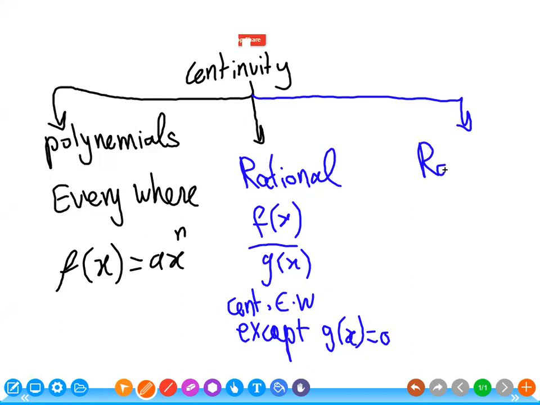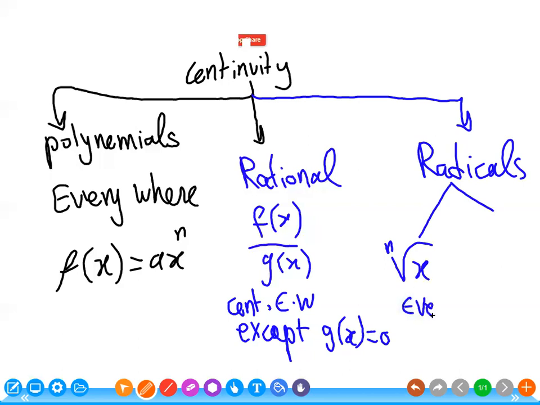Now finally, let's go for the radicals or the roots. Now the radicals, we have 2 types. If I have an even root or an odd root. Odd root, such example, cube root, 5th root, 7th root, and so on.